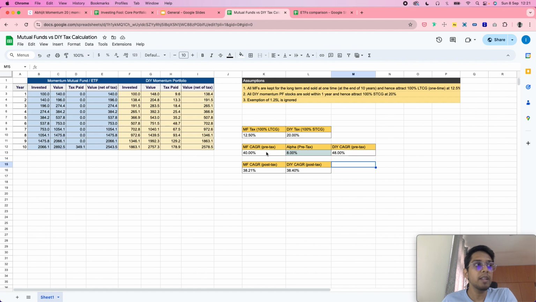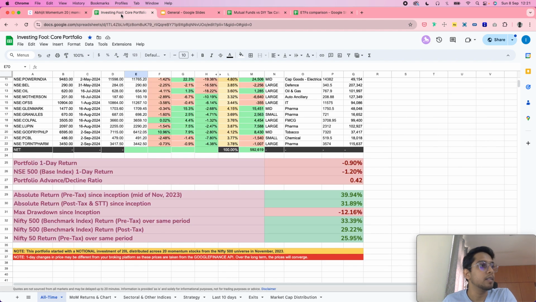So whenever the returns of the mutual funds are high, like this year we see that Nifty 500 itself has given in the same time period a return of around 33%. So the alpha needs to be much bigger, right? So even with a high alpha, after tax we are reasonably close to the mutual fund returns, right?